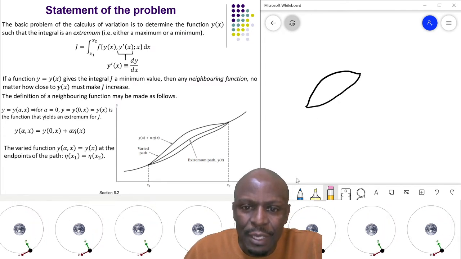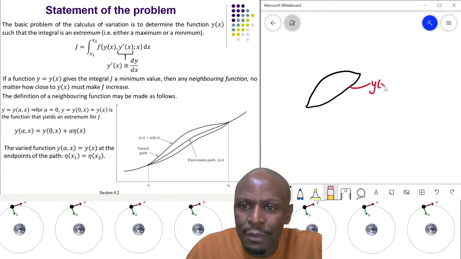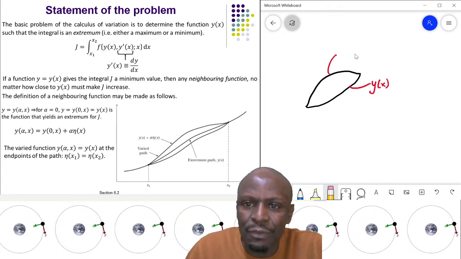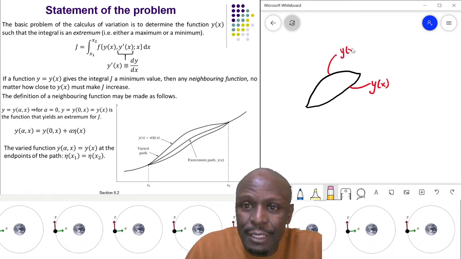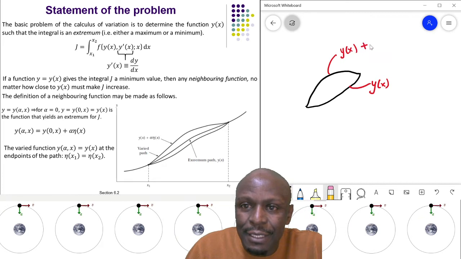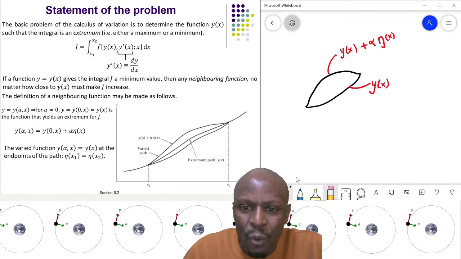In this case I will call this one y of x, and this function here I will call y of x plus the scaling factor times eta of x.